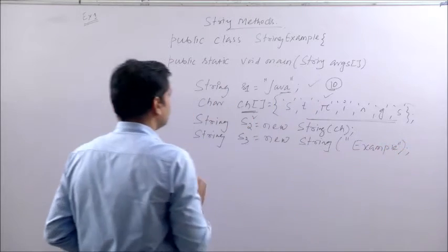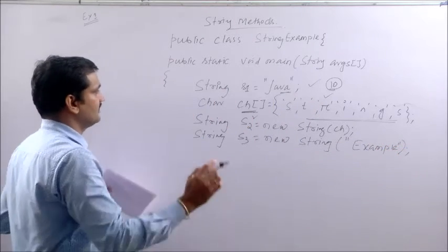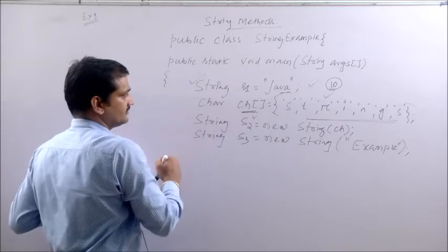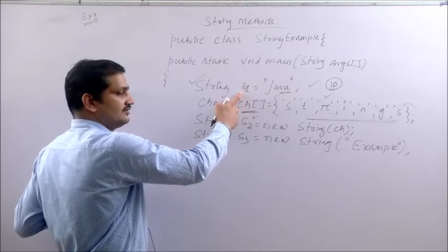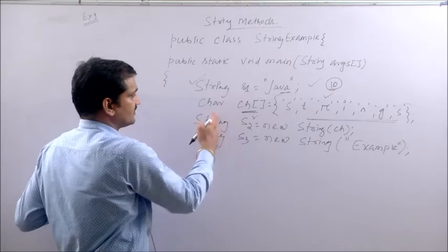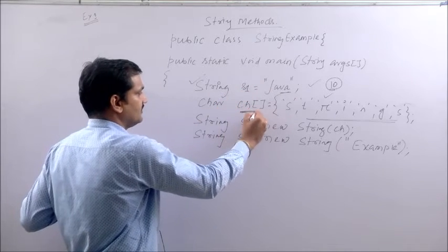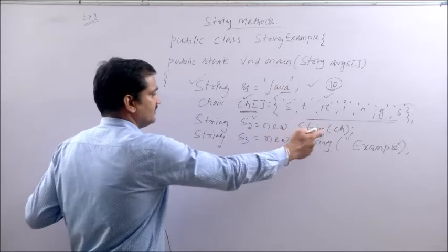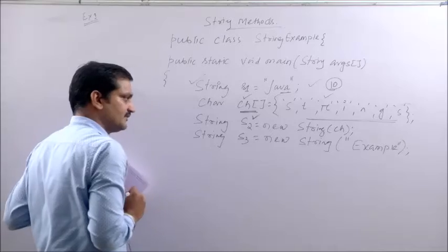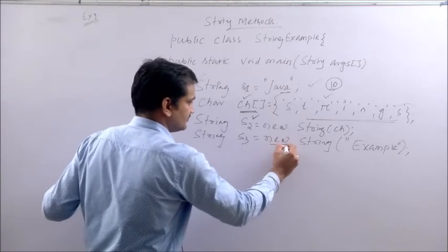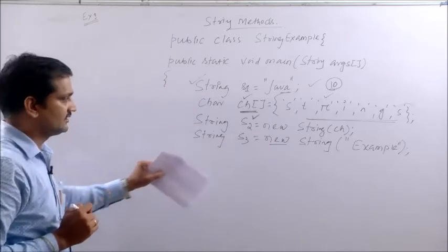See, these are the three ways we can create a string. The first way is by assigning a string literal to the string object. The second way is that if you have an array of character or a sequence of character, you can give that as an argument to the string constructor and create a string. The third way is by using the new operator.